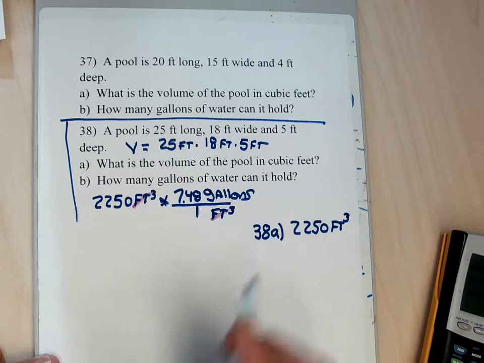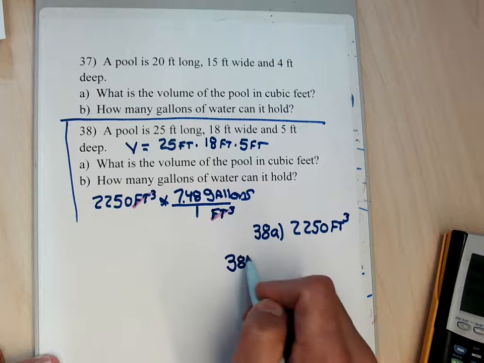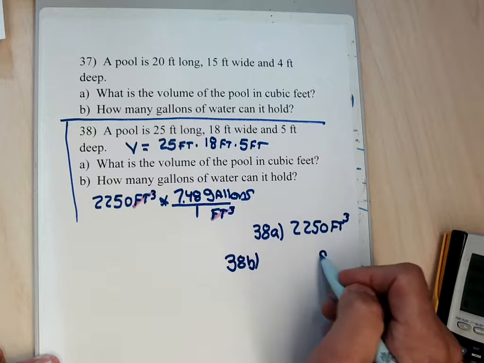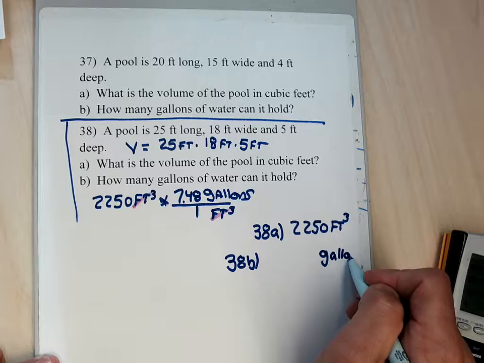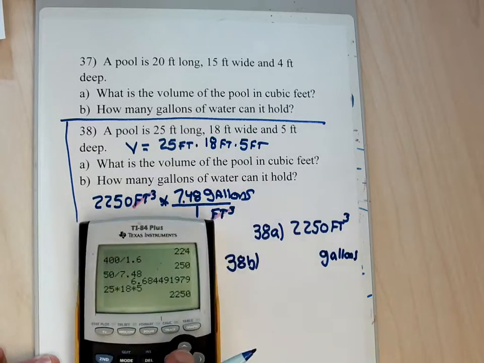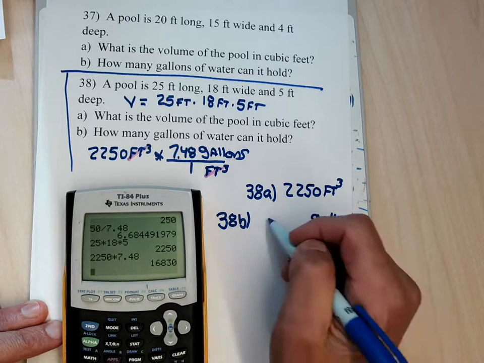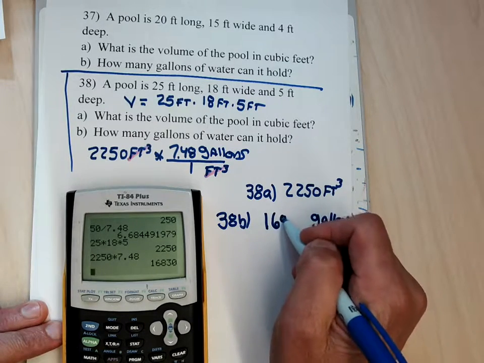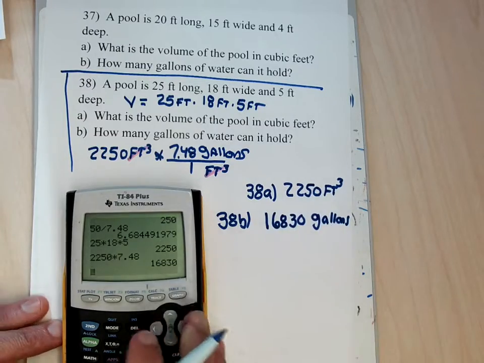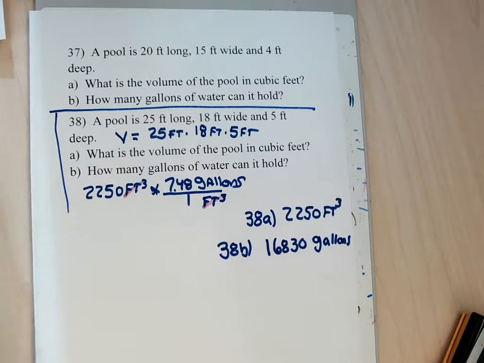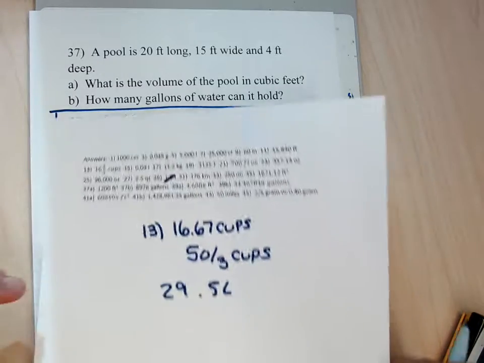When I go to write my answer to part B, my unit that's left is gallons. I guess I could abbreviate it, but I'm just going to write it out. And numerically, I just multiply the 2,250 times the 7.48, and the number I'm going to get, this pool holds 16,830 gallons.